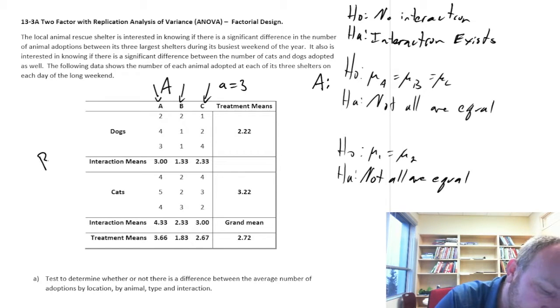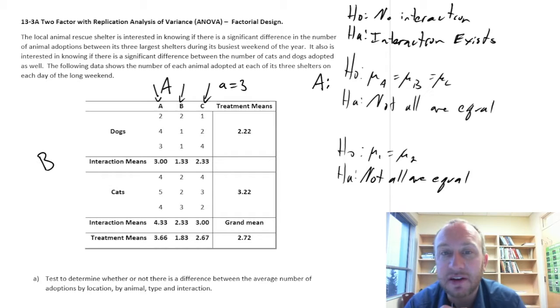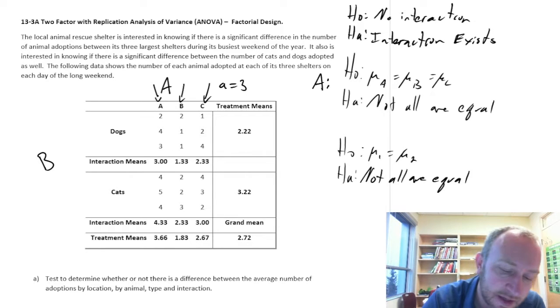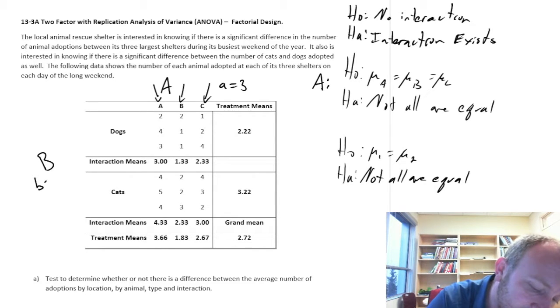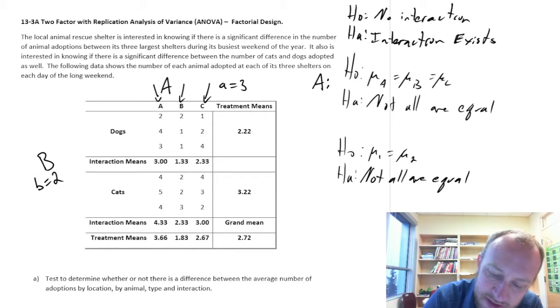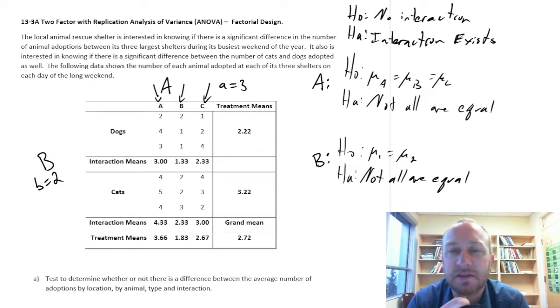Factor B is this one out here, where I have the dogs and the cats. And so within factor B, here I only have these 2 treatments, and so this is going to be that set of hypotheses for factor B.